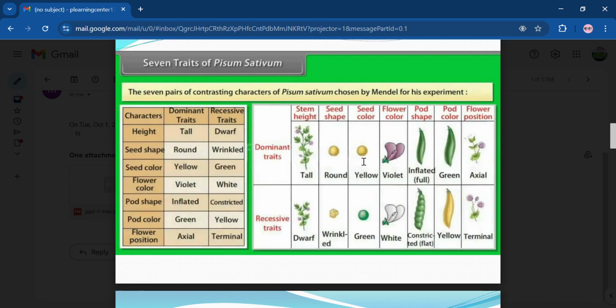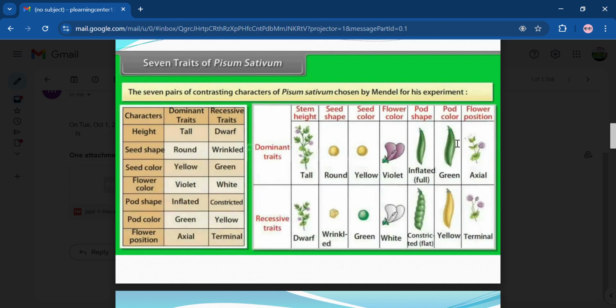Then seed color, yellow or green, where yellow is dominant and green is recessive. Then flower color, violet or white. Violet is dominant and white is recessive. Then pod shape, some pods are inflated and some are constricted.